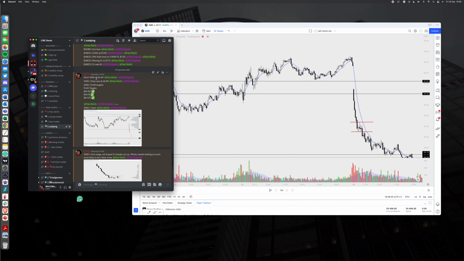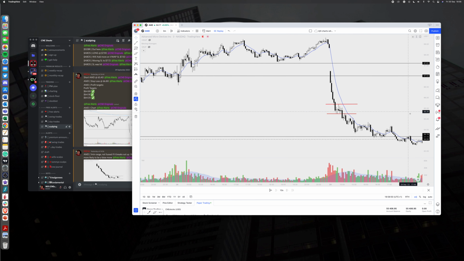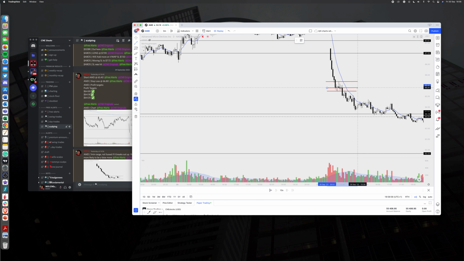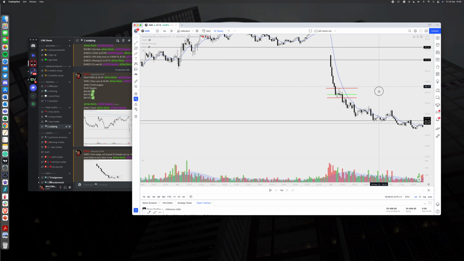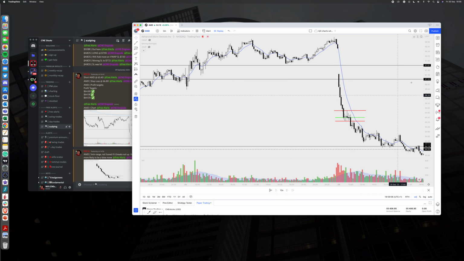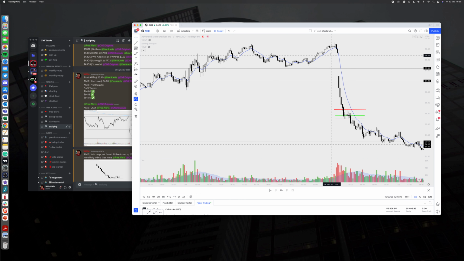I said short AMD at 6540, and this was basically at this level right here, 6450. So right here, that is me saying that I'm in this trade. As you can see, we gapped down from the previous day, quite a massive gap.